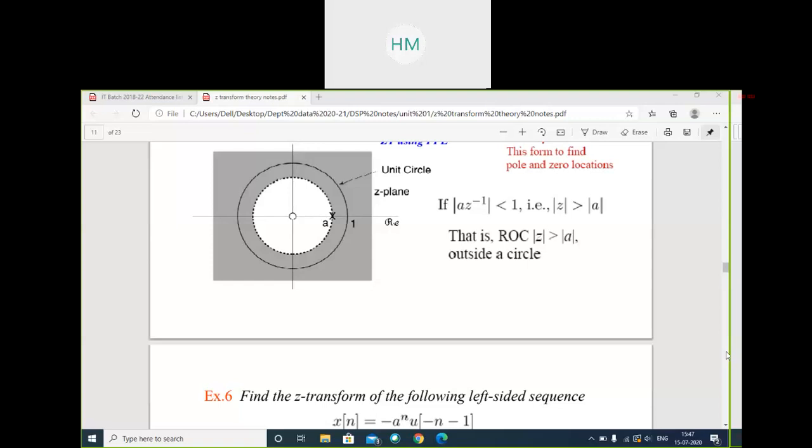Pranjali is absent today. And Akshat, after a long time, he joined the class. Okay. ROC is inside the circle. Very good. All are trying.